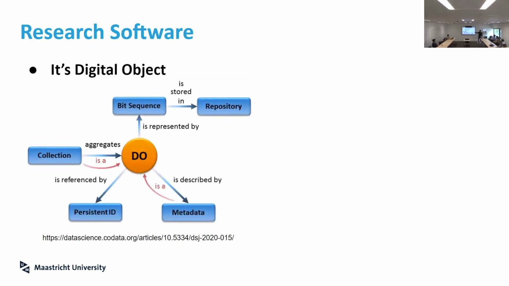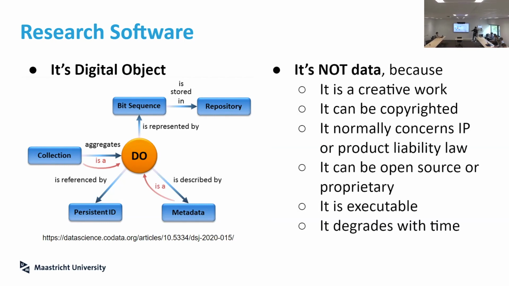But it is very important to note that research software is a digital object, so that's why it's different from data, because by itself it can be described with metadata and can be deposited in repositories. And each one of those digital objects has persistent identifiers, as you can see. We can go very philosophical about whether software is a type of data or data is a type of software. But in very practical terms, also from the legal side, software is the result of creative work, right?